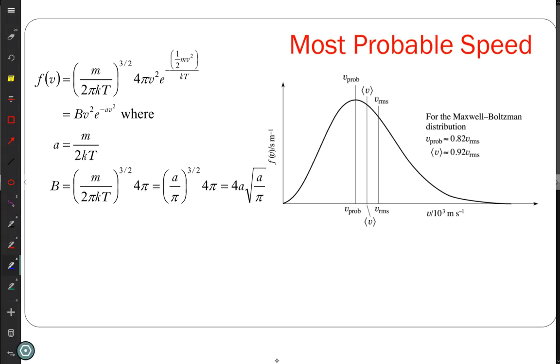So here's my f of v function at the top, and I am going to substitute b, which is just a constant here, and a constant here to make it easier to write. So that means I'm going to have that just because it's shorter.